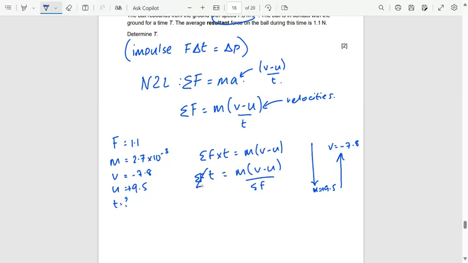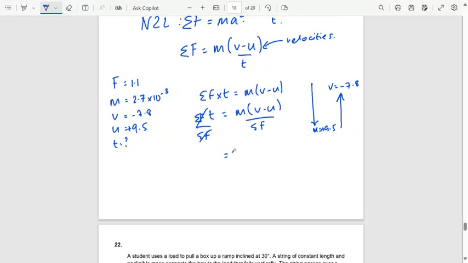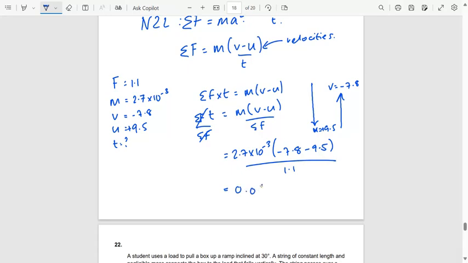Cancel. Okay, so time is 2.7 times 10 to the minus 3 kilograms multiplied by the brackets of minus 7.8 minus 9.5, divided by 1.1. And I get a value of 0.042 seconds.